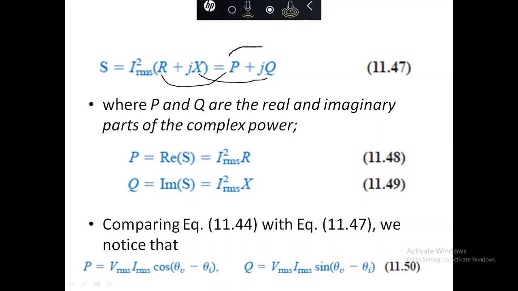And if we see both powers together, it is named the apparent power. So here S is I square RMS R and I square RMS X.